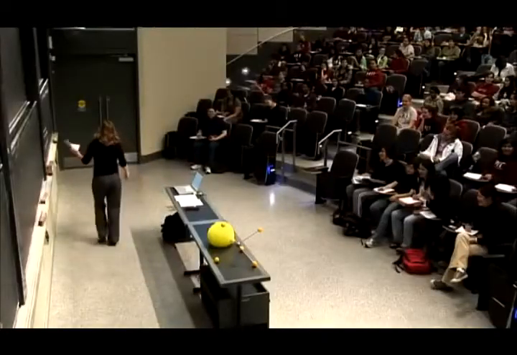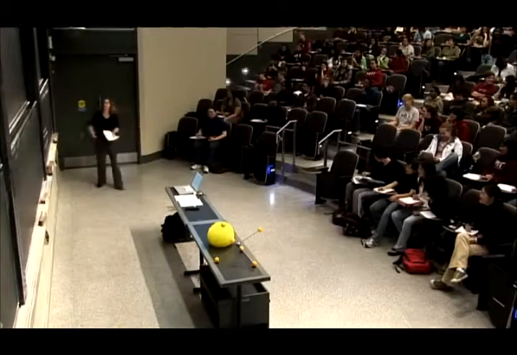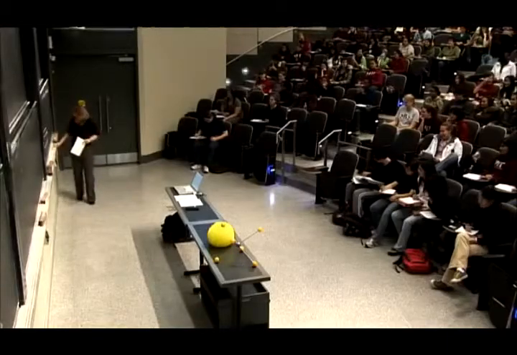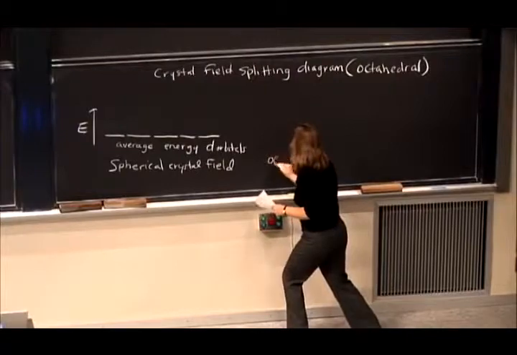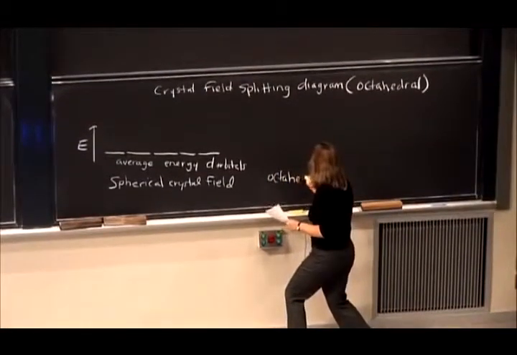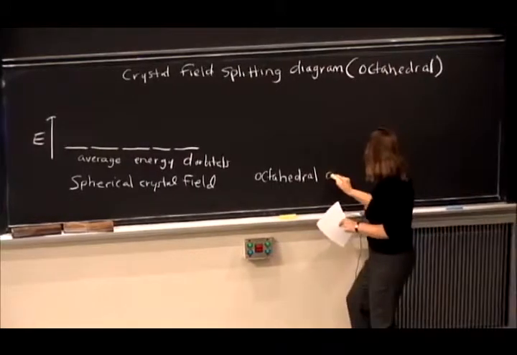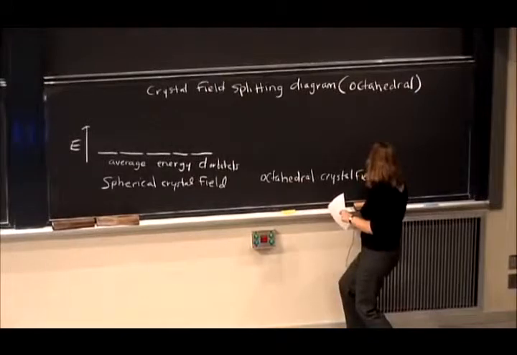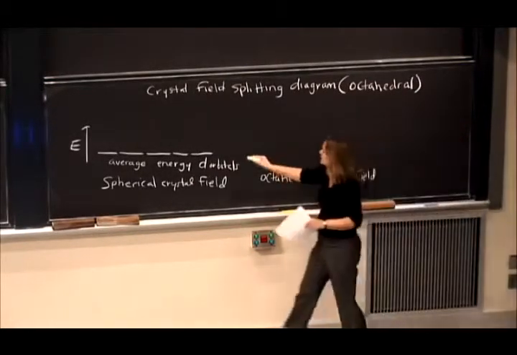OK. So in that case, where the ligands are uniform all around, the energy is the same. But now, if we have an octahedral crystal field over here, then we get some splitting.